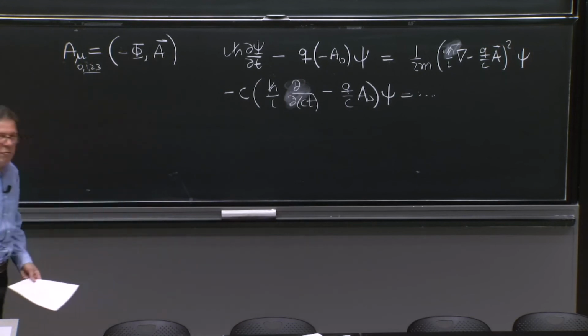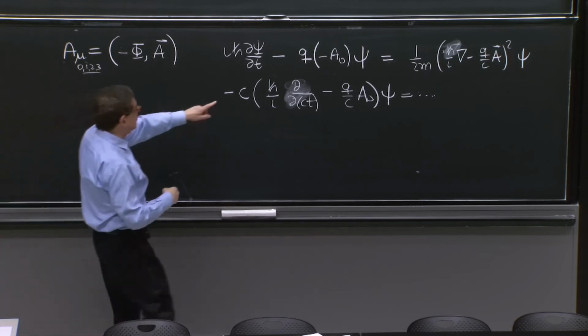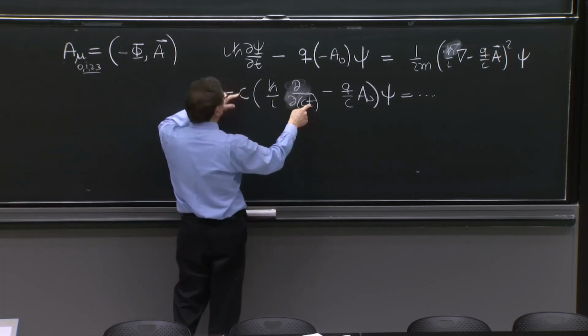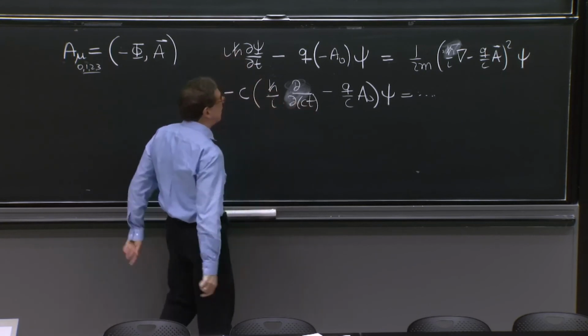So I've rewritten the left-hand side in a slightly different way. I put an extra c down in this d ct. That cancels the c, and the h bar, the i went to the denominator.